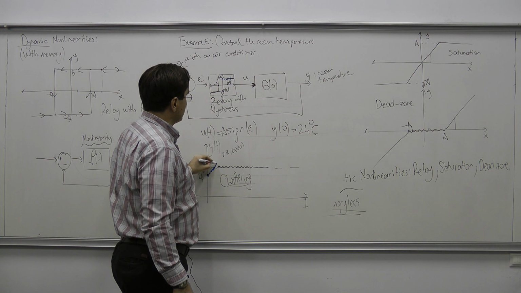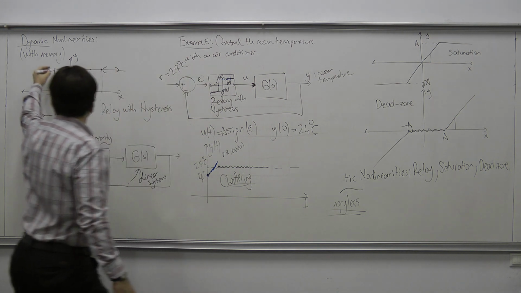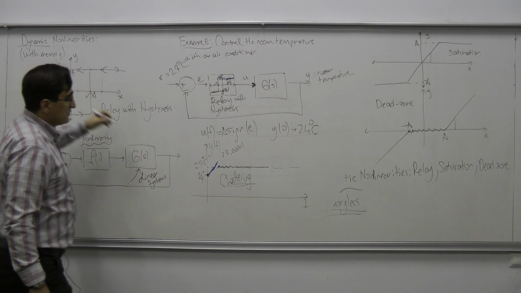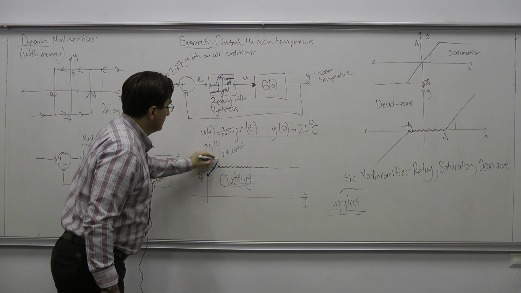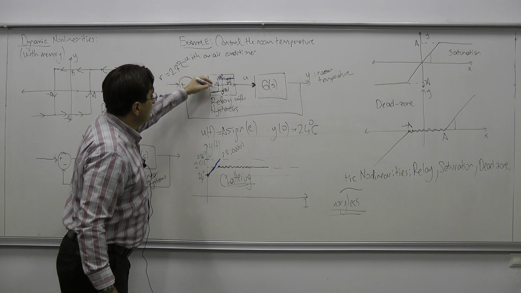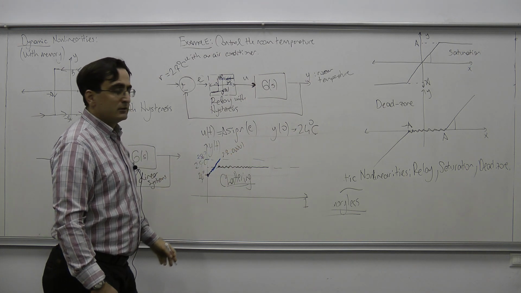So this value is going to start increasing above the 27 degrees, and we are going to reach here where the error has to be minus 2. So when error is minus 2, we are going to hit 29 degrees. All right? So we're going to hit this value, and only then the controller is going to switch into cooling. All right?